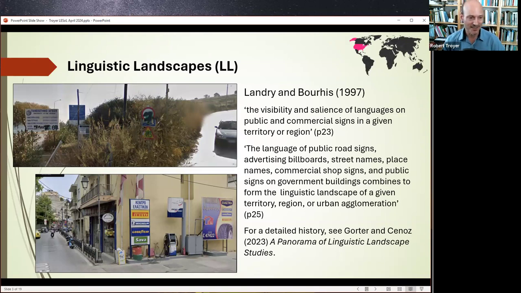You can see there's bilingual signage with Greek and English and some graffiti, which I would guess maybe is not there today, but I'm not sure what the graffiti refers to. Maybe in the question and answer period, you can enlighten me. And then a picture of just downtown in your city, where we can see large international companies using English along with Greek and various other signs.